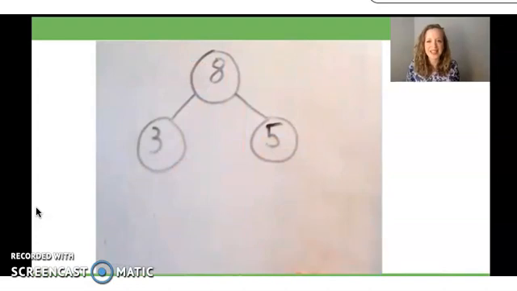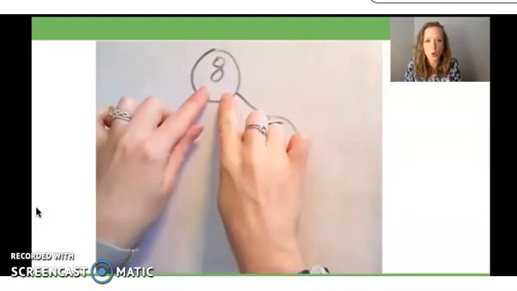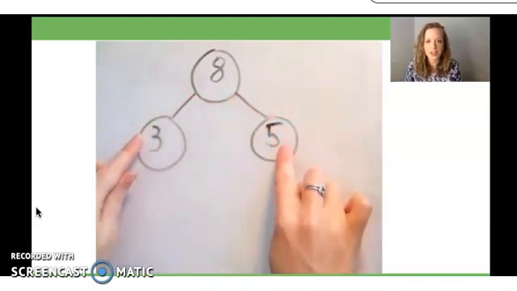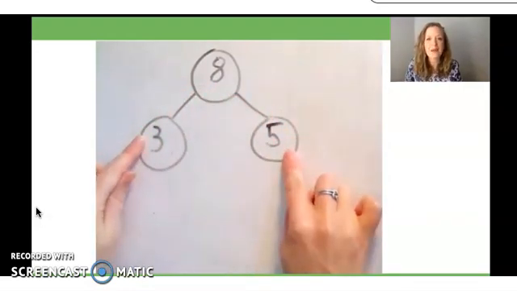Great job, friends. Now, let's put our parts and our whole into a number sentence. First, tell a friend in the room how you would write the number sentence using our whole and our 2 parts. Pause the video and use your words to talk about the number sentence.